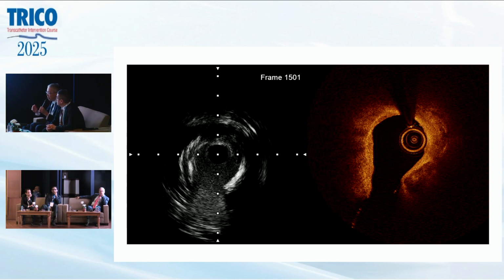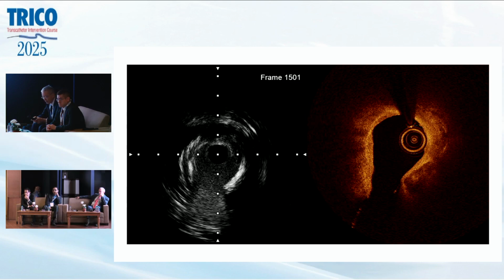Sometimes we experience it is very difficult to recross the wire, even though we use IVL. So actually, when I use IVL in the bifurcation region with calcium, I always place a wire beforehand, because otherwise we come across a very big problem to get to the side branches.